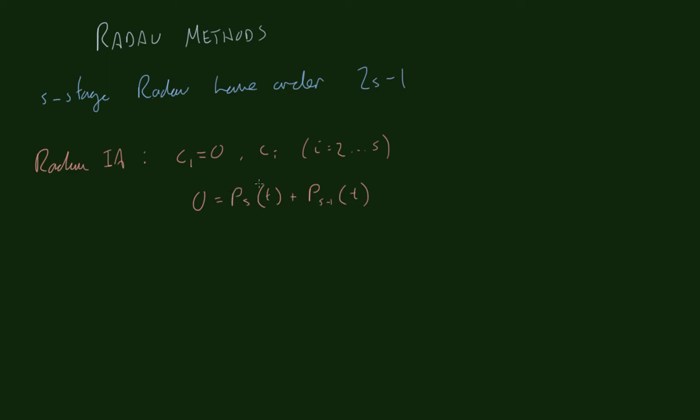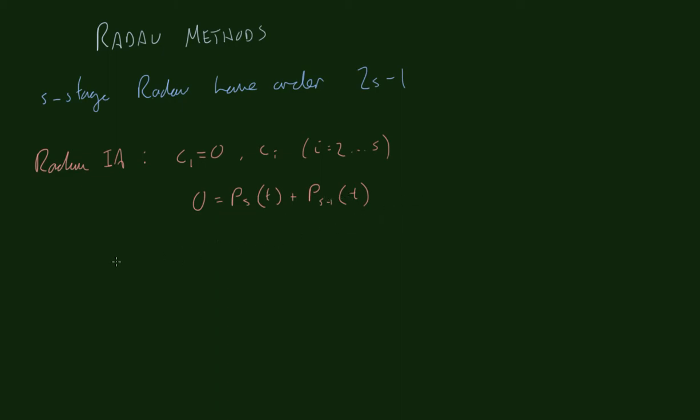Okay, so let's say we have a two-stage Radau method. So our C1 will be 0, C2 will be the root of P2(t) plus P1(t).